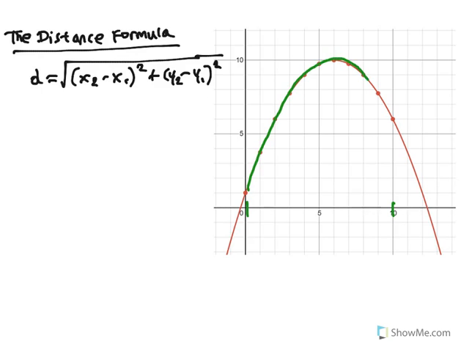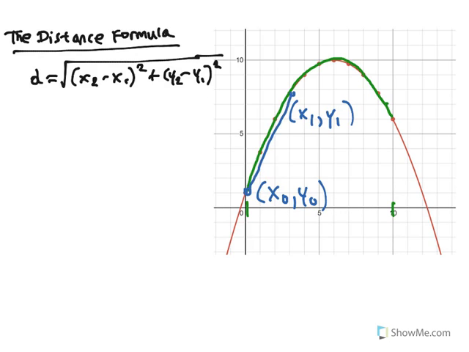So if you wanted to find the length of this arc, you can approximate that by using several line segments. So for example, you can approximate the length of this arc by using maybe 3 line segments. So let's say we have one line segment from, we'll call this x naught, y naught, to x sub 1, y sub 1.